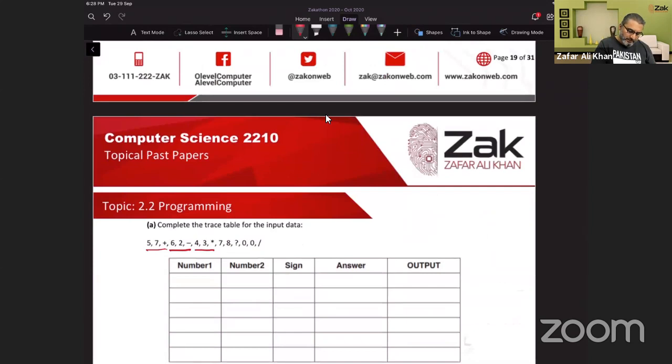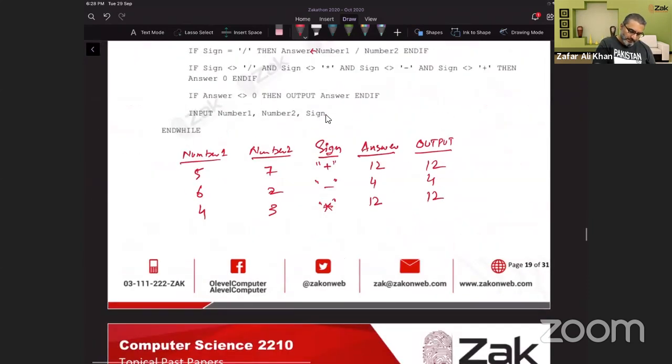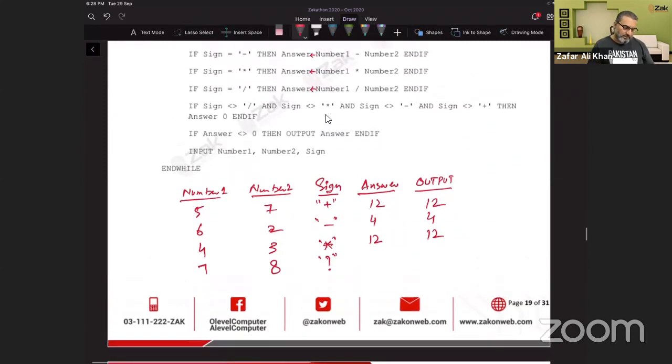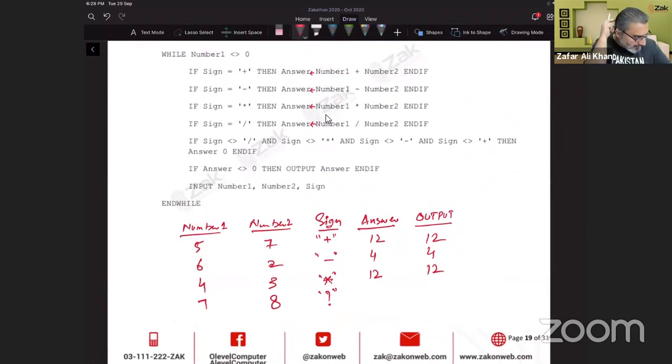Then we have 7, 8, and question mark. It says that if sign is neither plus, minus, multiply, nor divide, then answer is equal to 0. If answer is not equal to 0, then output the answer. Since our answer is 0, there is no output.